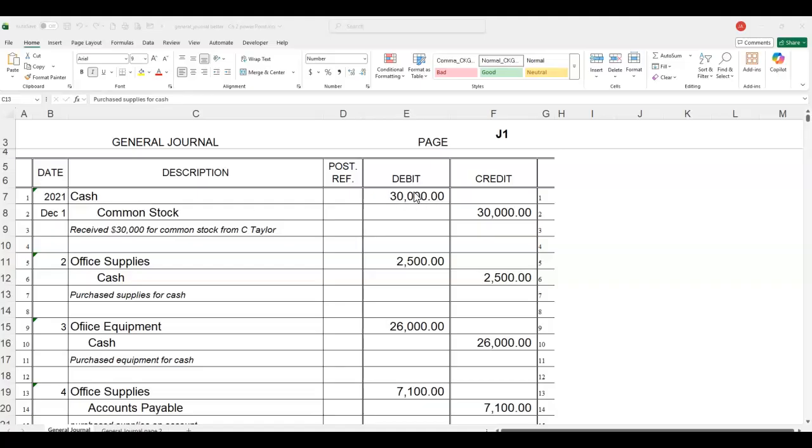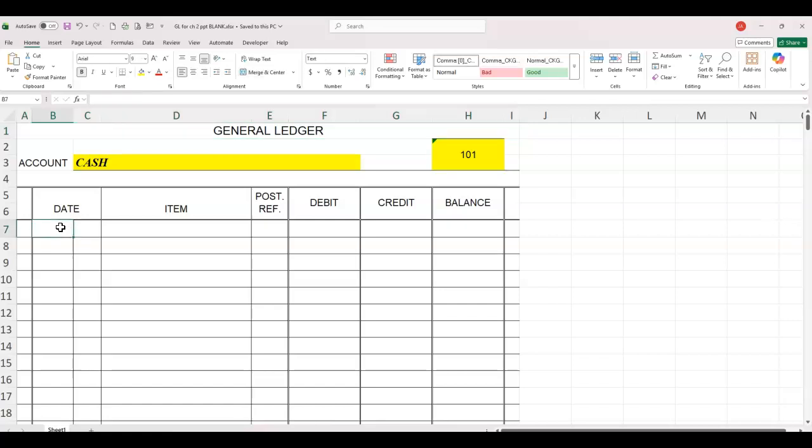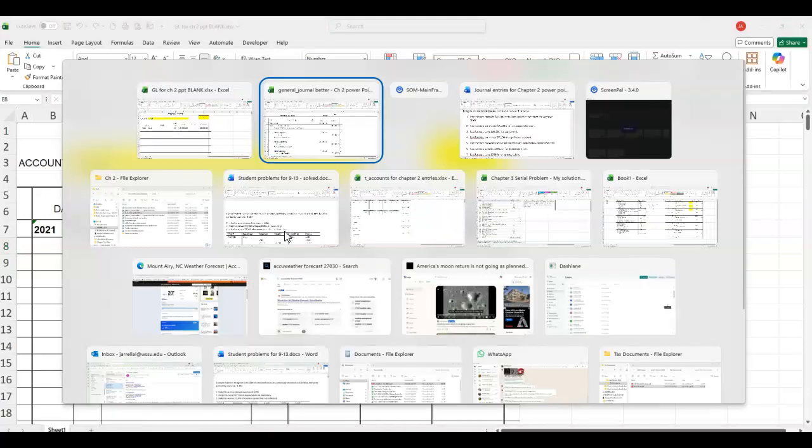So I'm going to take $30,000 and post it as a debit transaction into the cash account. 2021, December the... $30,000. Balance is $30,000. And you know that this is a debit balance. I've posted that. This is account 101. It came from page G1. So all the little dance steps we do are just kind of automatic at this point.